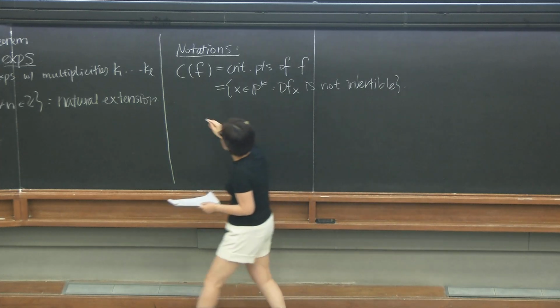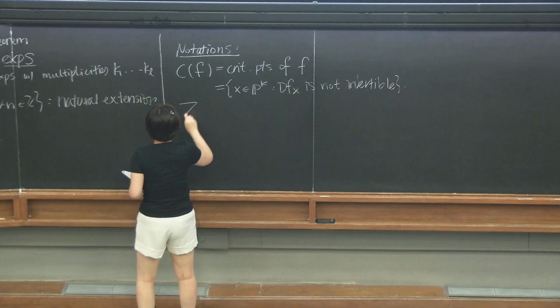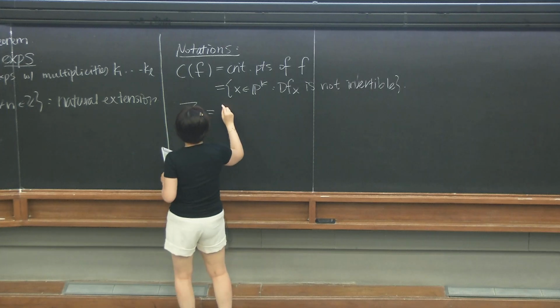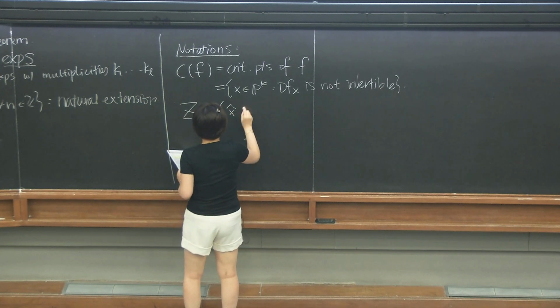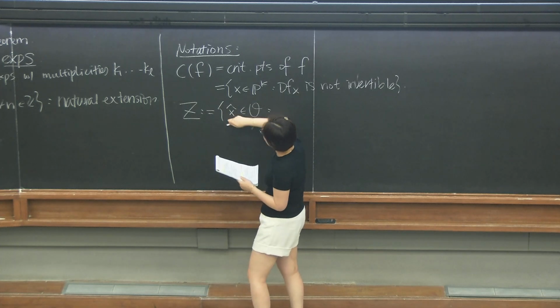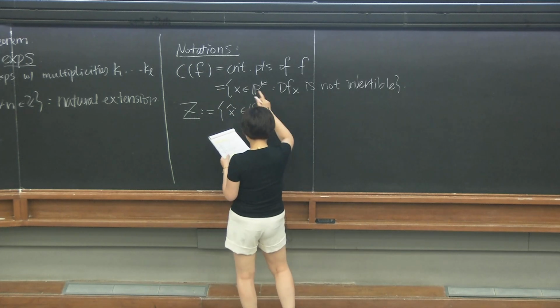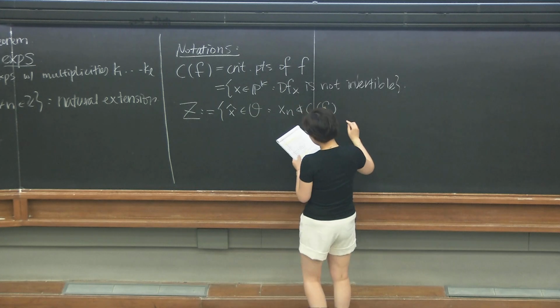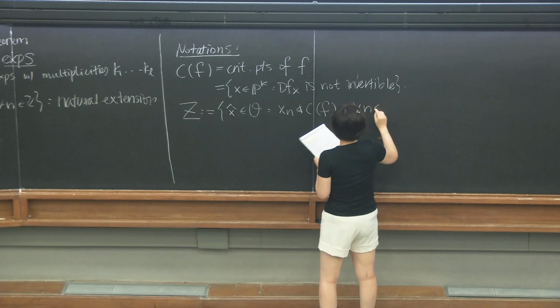Okay, and then I want to define a subset of O called Z, and this is the Z appearing over there. This is the collection of x hat in the natural extension such that the orbit does not touch the critical set, so x_n is not in the critical set for all n.